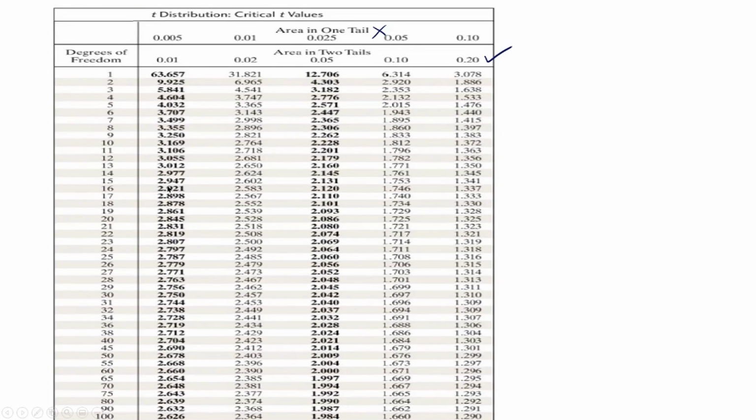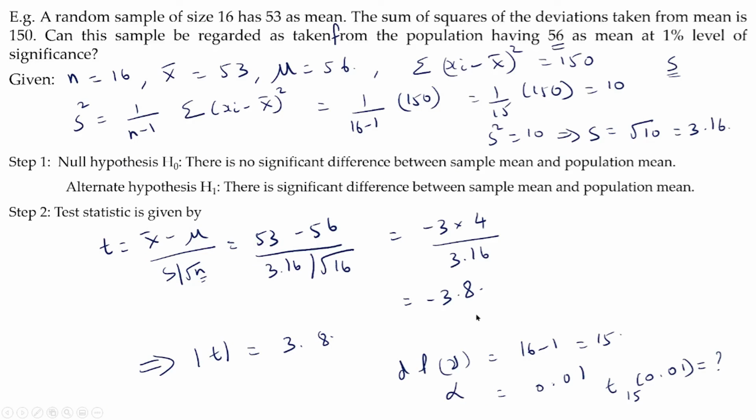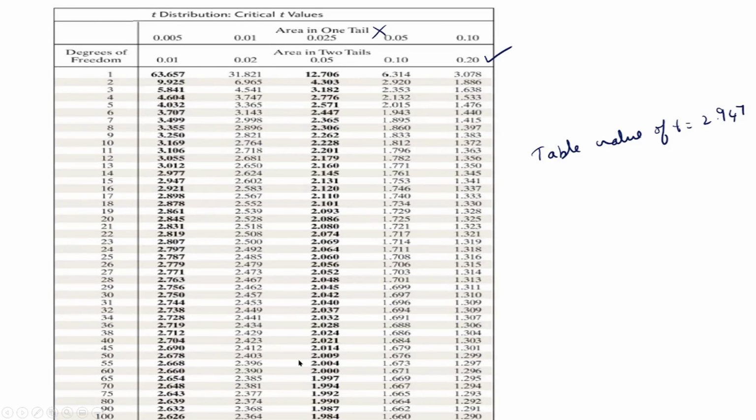So the value is 2.947. So the table value is 2.947, and the calculated value is 3.8. Now we have the third step.